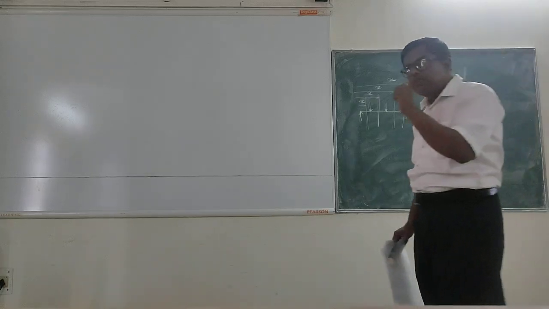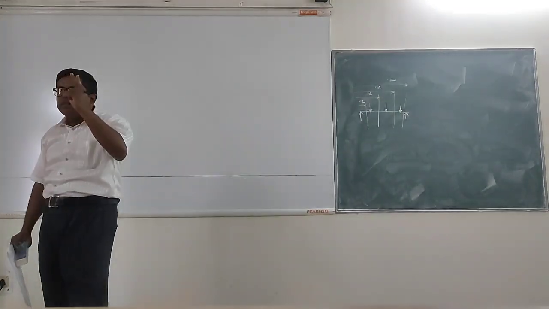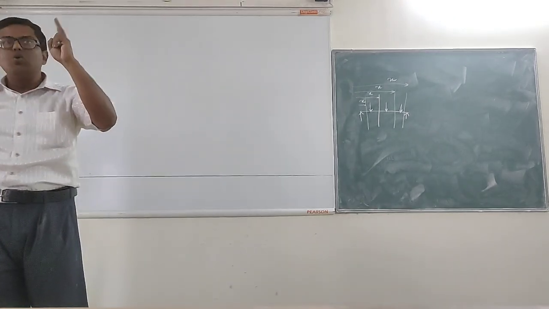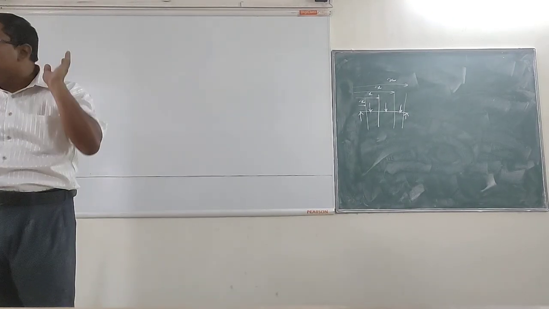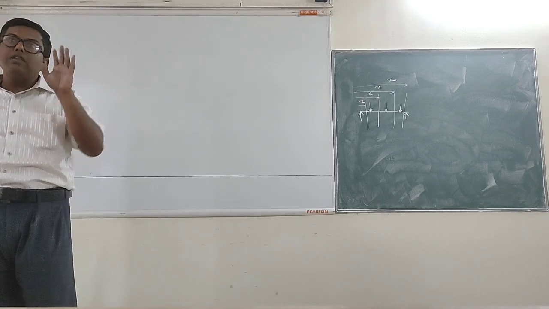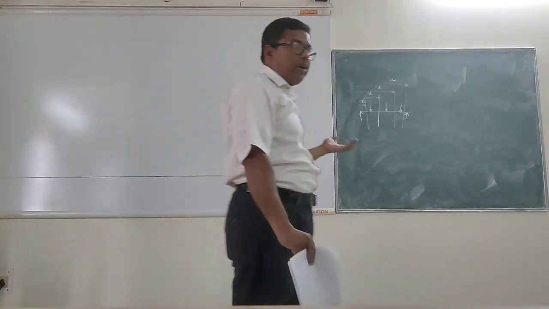So for each case of moment variation, how many unknowns will you get? 2 constants of unknowns, right? So you will have 8 unknowns. And that is very difficult to find out from the boundary conditions, it is difficult to get.